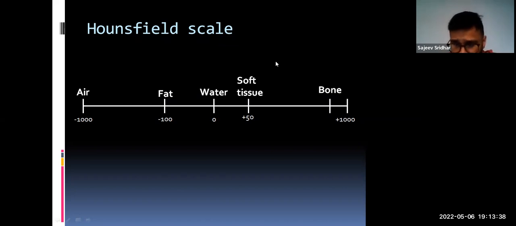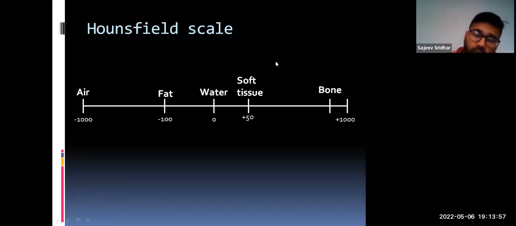It's a very important measure. Cortical bone and metal is around 1000. Soft tissue is about 50. Fat is about -100. These are the key numbers that you have to remember.